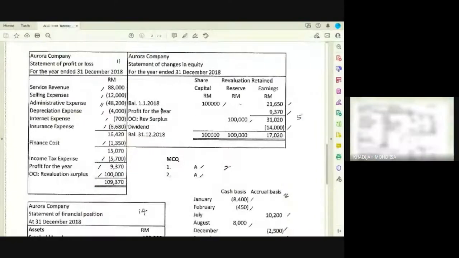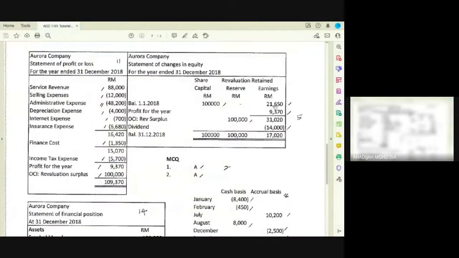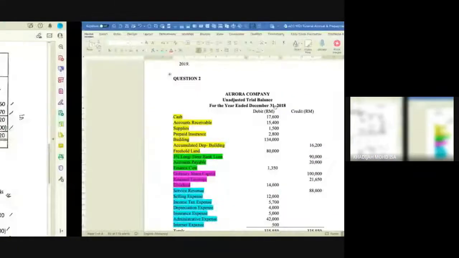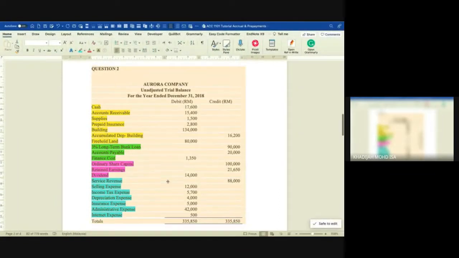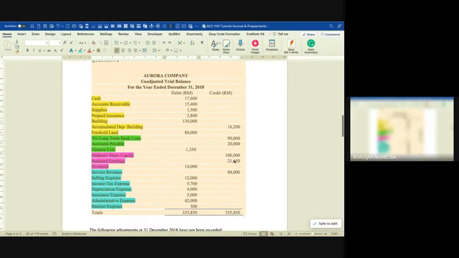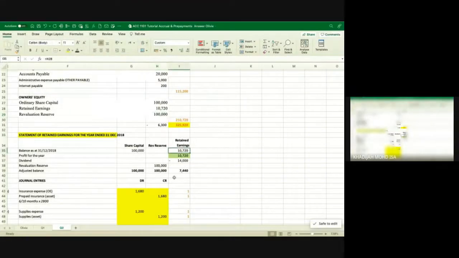Where we did wrong. Okay, balance is 9370 minus dividend 14,000, you have 17,020. Starting with 21,650. Where do you get 21,650? Retained earnings. Why do I have retained earning balance of 10,720?